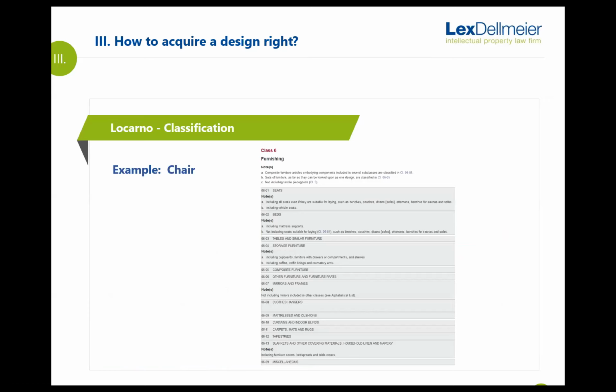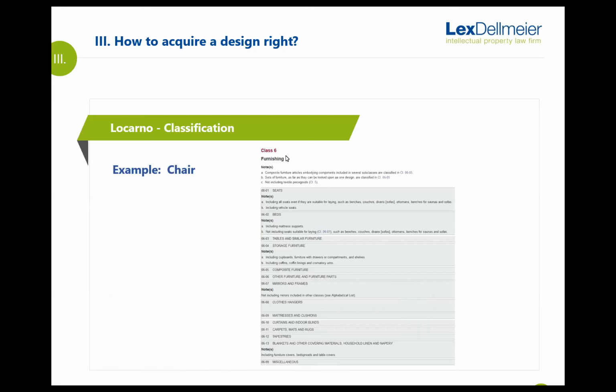We've already heard about the Locarno classification. Now for the chairs that we saw earlier, we put the class 6 classification of Locarno on this slide just to show you how it's built up.